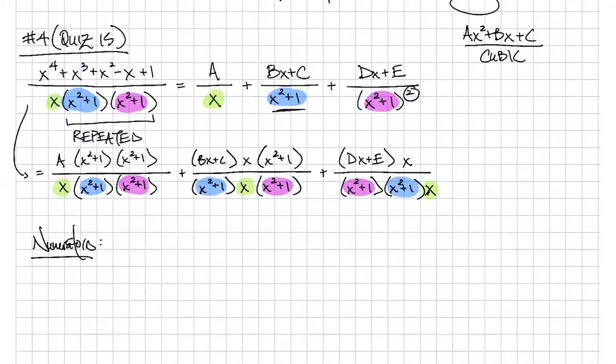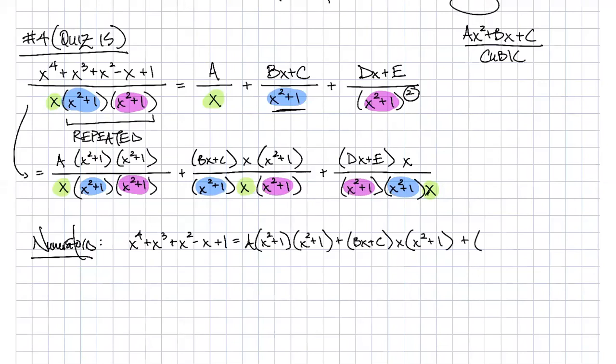I have x to the fourth plus x cubed plus x squared minus x plus 1 equals a times x squared plus 1 times x squared plus 1 plus bx plus c times x squared plus 1 plus dx plus e times x.